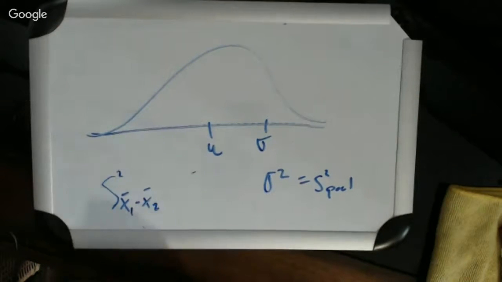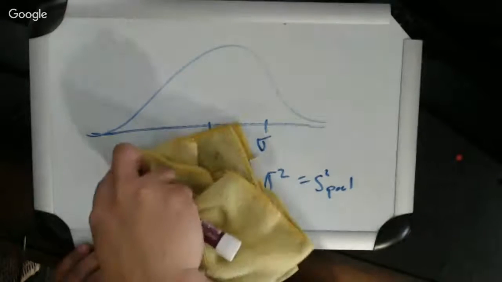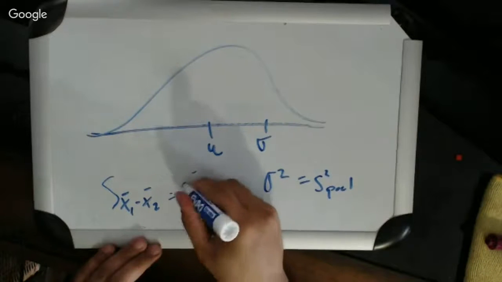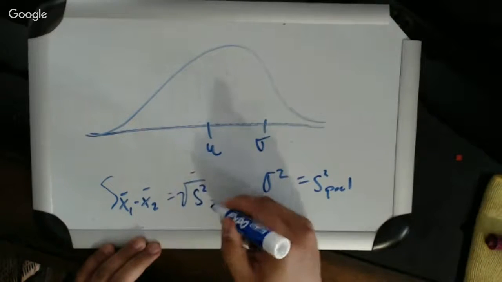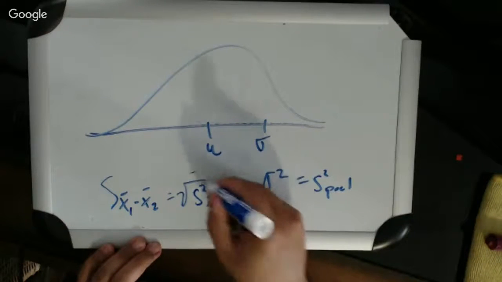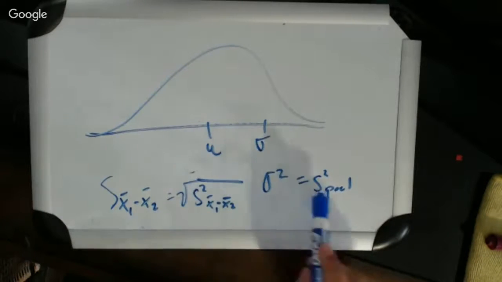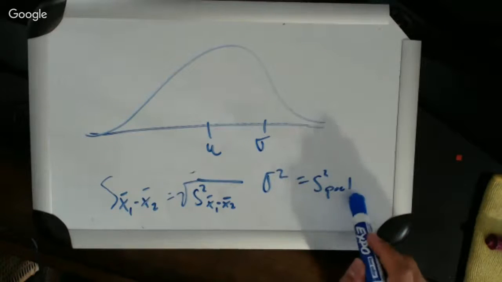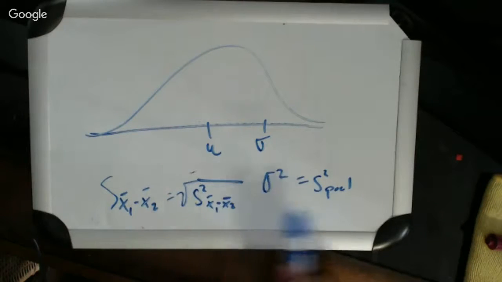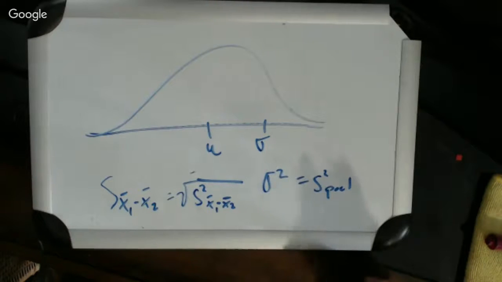That is the measure we care about, but to get there, we need to take the square root of this other number. The reason we want pooled variance for the population is so we can add the variances of the sampling distribution.